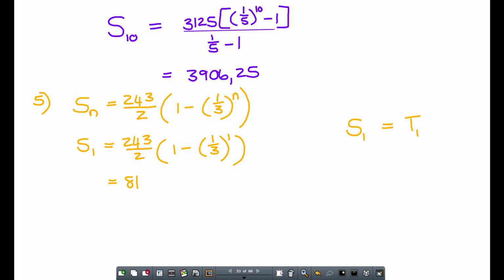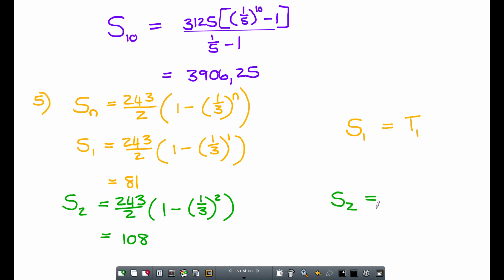Goed. So we first worked out term 1 basically. Now let's work out the sum of 2. So the sum of 2 will then be 243 over 2, 1 minus a third, so die mag 2. Okay, en dan kry ek 108. Maar nou moet jy onthou, to get the sum of 2, it means I added term 1 and term 2. Is julle nog by?